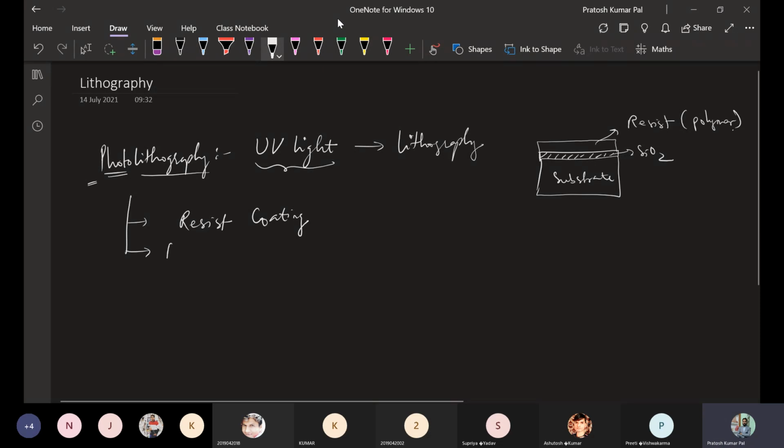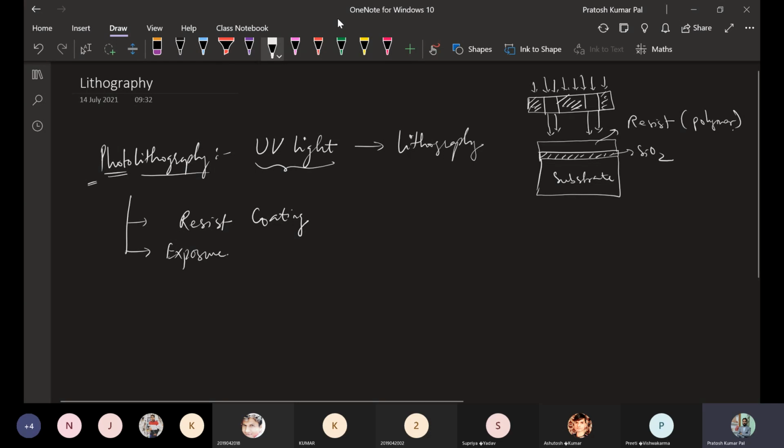The next one is exposure. Based on the mask, if the mask is open, UV light will be exposed through it, and light will only pass where it is an open area, onto this resist.